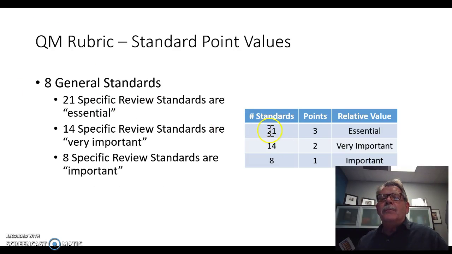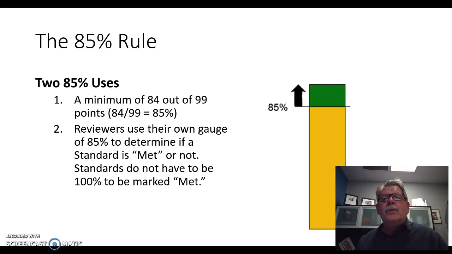If we add the 21 times 3, 14 times 2, and 8 times 1, we end up with 99 total points. So for an individual course to meet standard, at the 85% level, it would need to score an 84 out of the 99 total possible. Reviewers would use their own gauge of what 85% is to see if an individual standard is met or not met.